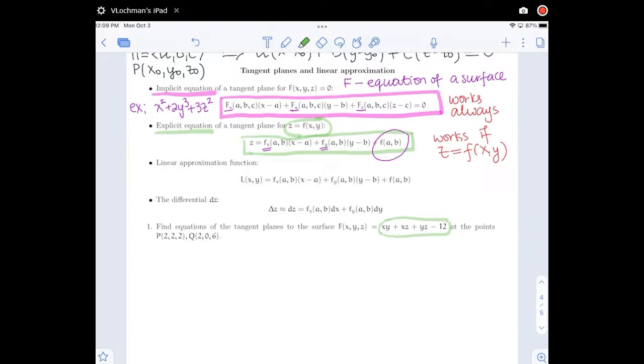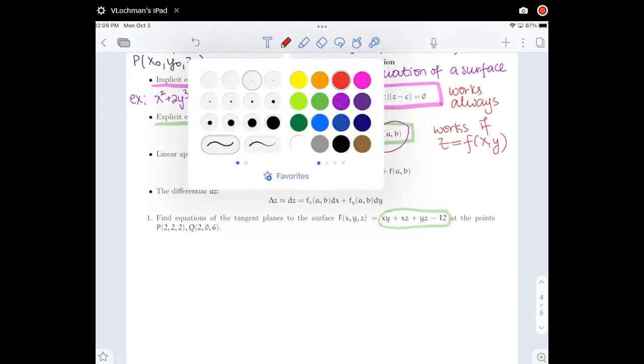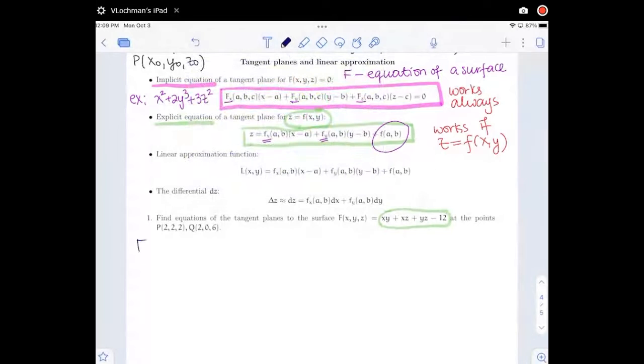So let's go ahead and apply the implicit formula here. My big F is xy plus xz plus yz minus 12. I'm going to go ahead and compute my partial derivatives.